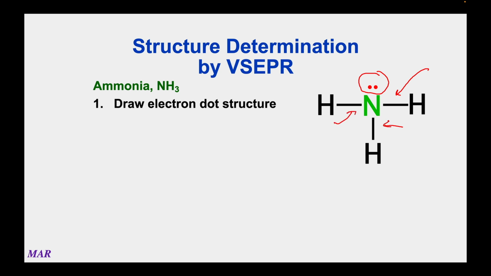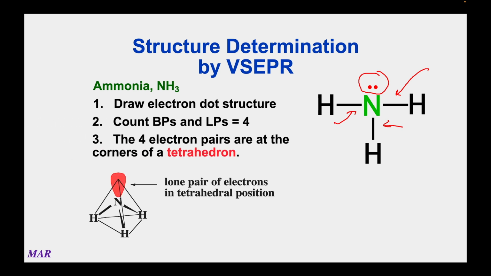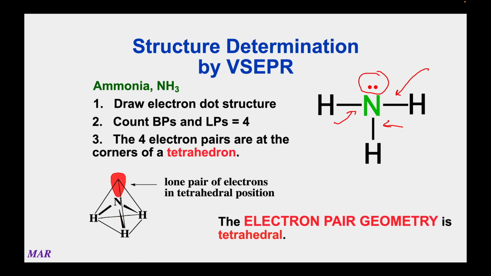The outer atoms are connected to the nitrogen 3 times. So this is a 4 cloud system, 1 lone pair and 3 bonding pairs. So if you look back at that sheet, this is where the tetrahedral part comes from. It's really a tetrahedron, but it's a tetrahedral geometry, whatever. Anyway, electron pair geometry here is called tetrahedral, all right?